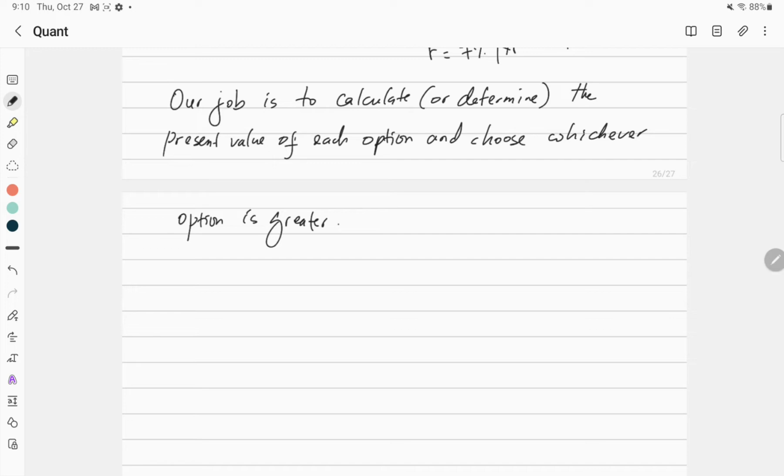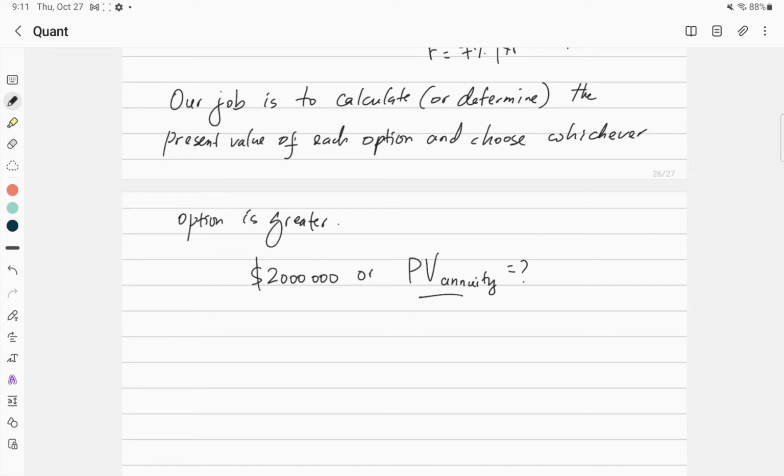Which means, which one is greater: $2 million today, or the present value of the annuity, which we don't know? We have to calculate this and see if the present value of this series of payments for the next 20 years is greater or less than this $2 million.